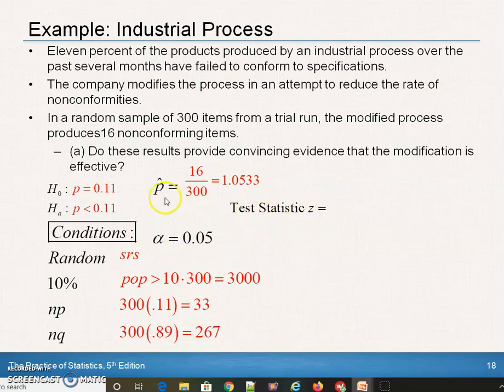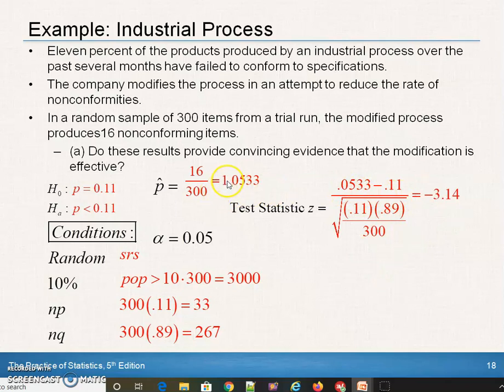Test statistic. It's P cap minus P over the square root of P times Q, that is P times 1 minus P, over N, 300. Okay.